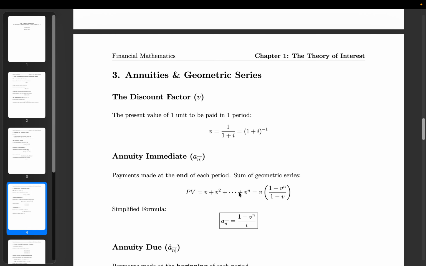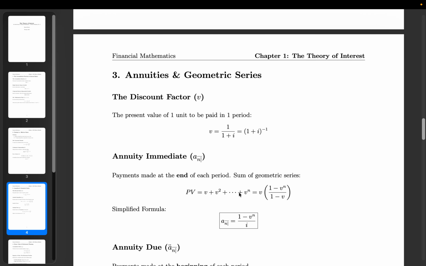It's a Greek letter, and I don't remember how to spell it, but I call it v. v equals i over 1 plus i, and think of v as a time machine that shrinks money. $1 next year is worth v today. $1 in 2 years is worth v squared today.